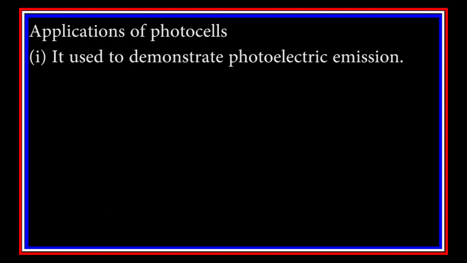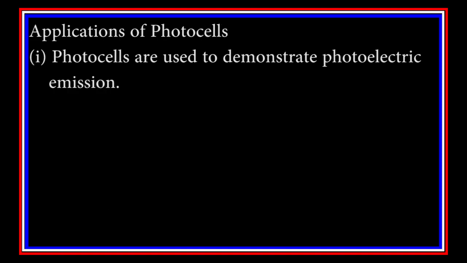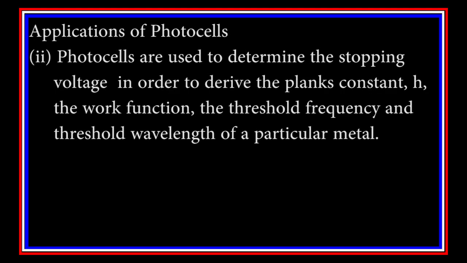Applications of photocells. 1. Photocells are used to demonstrate photoelectric emission. 2. Photocells are used to determine the stopping voltage in order to derive Planck's constant h, the work function, the threshold frequency, and the threshold wavelength of a particular metal.